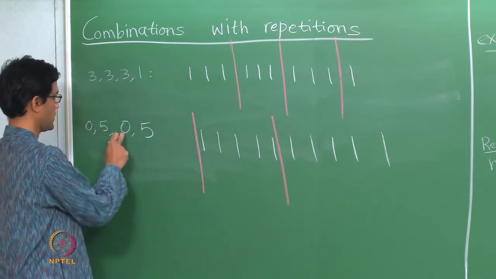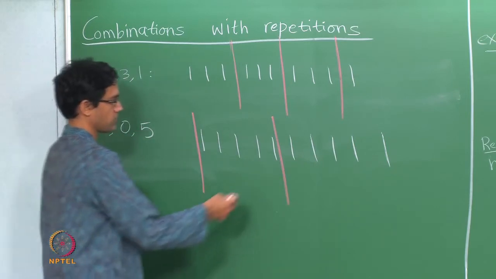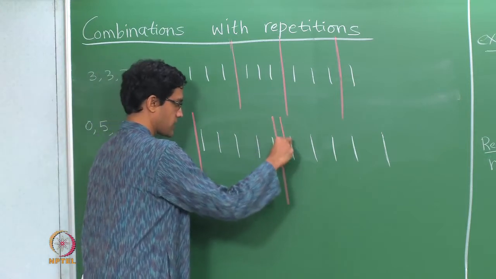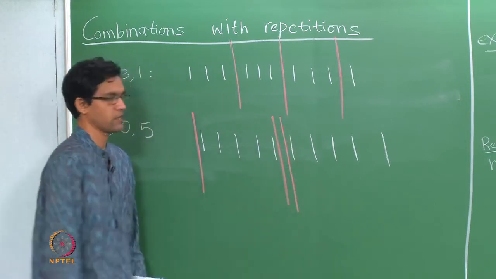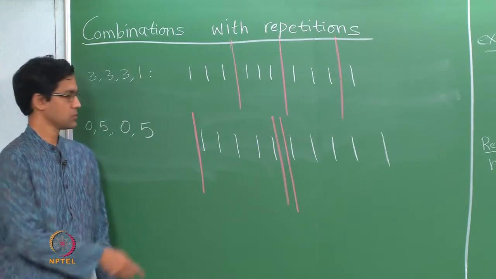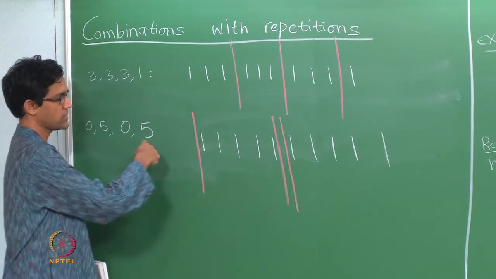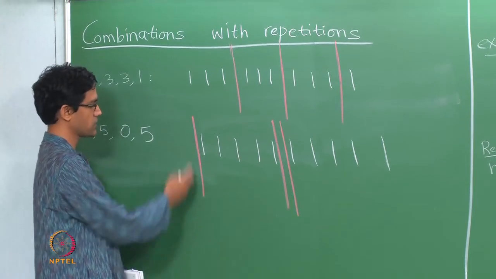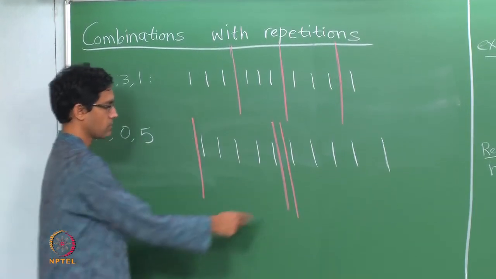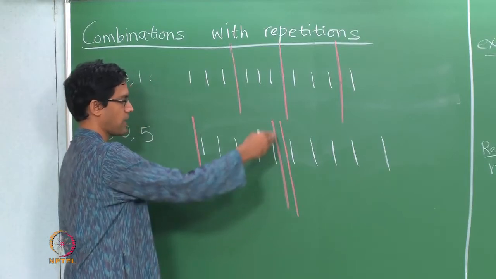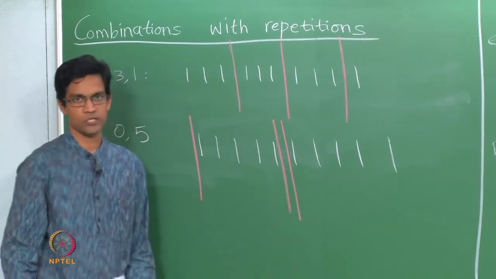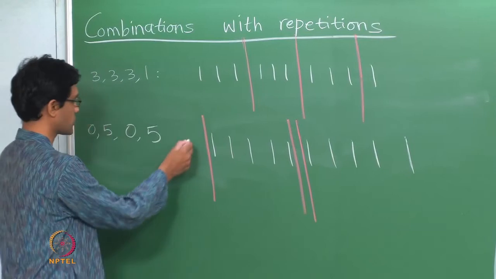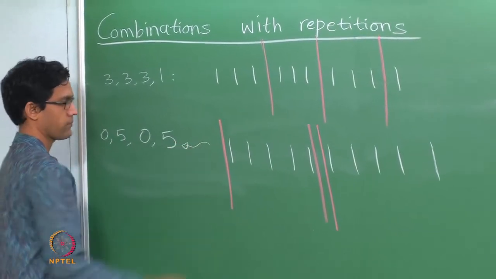Now the next is a 0, which means that the third divider is placed at more or less the same place as the second divider. So this picture, which has these 10 ones with 3 dividers placed in these positions, the first divider right in the beginning and the second and third dividers placed between the 5th and the 6th ones, encodes the solution 0, 5, 0, 5.